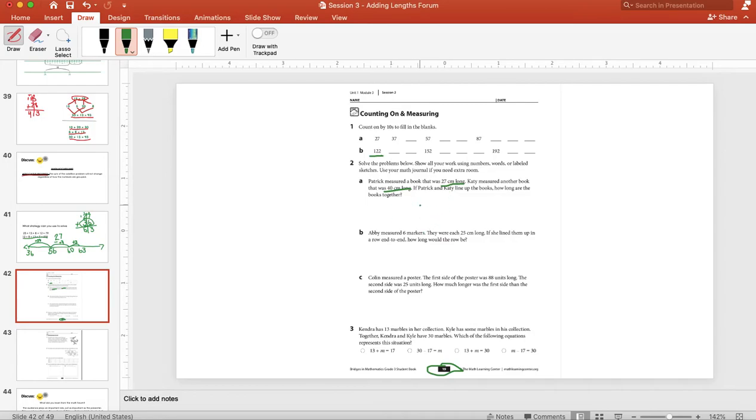So for letter A, you are going to want to add 27 plus 40. Okay, 27 plus 40. You can use a number line to do that if you need to. You would just make sure that you start at 40. And then you can either hop by tens or hop the whole 20. You could do plus 10.